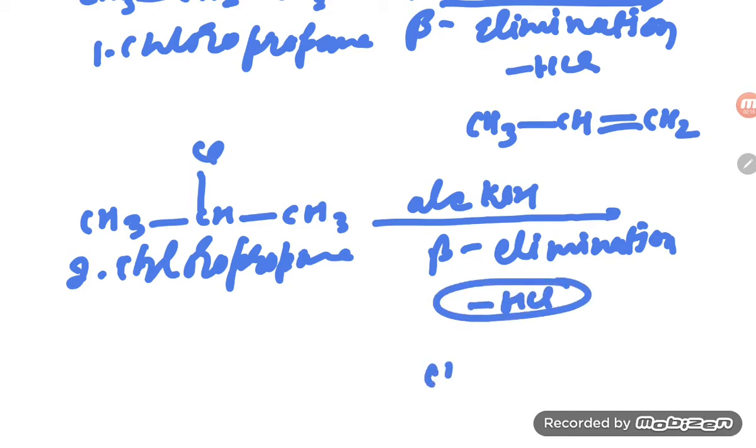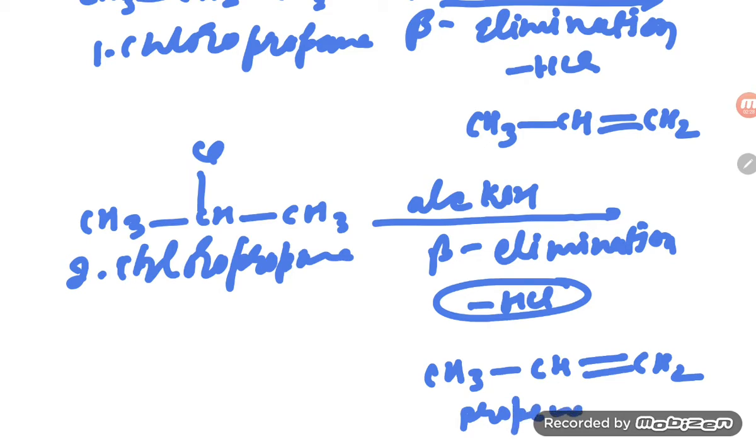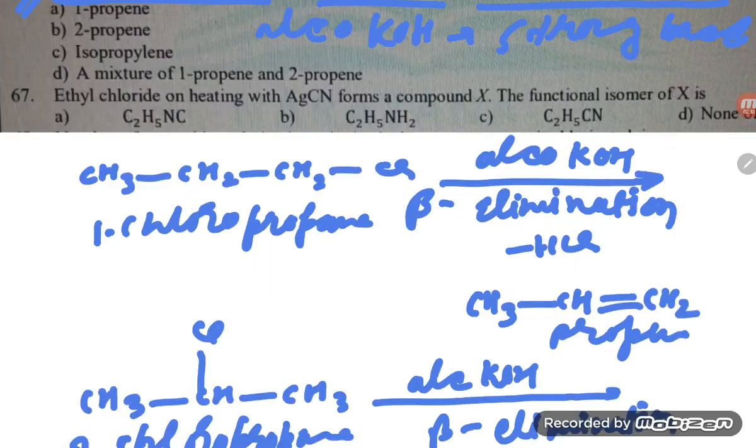So what will it give, student? It will give CH3CH=CH2. What is this? Propene, not proptoine, prop-1-ene. So this is also propene and that is also propene. In both cases we are getting propene only.